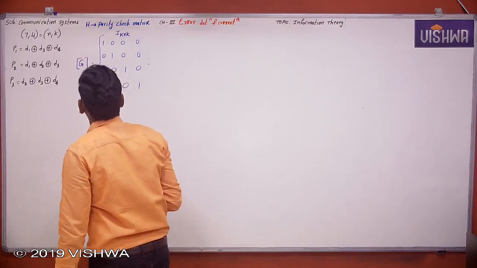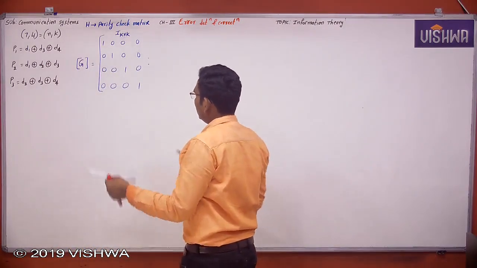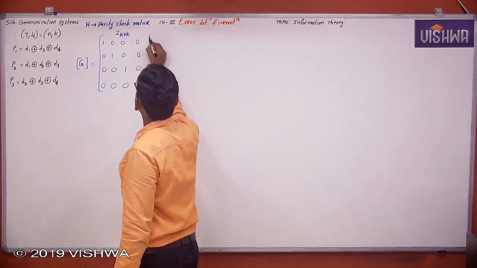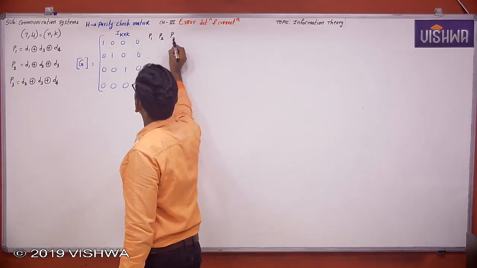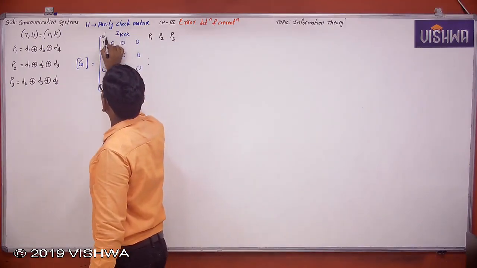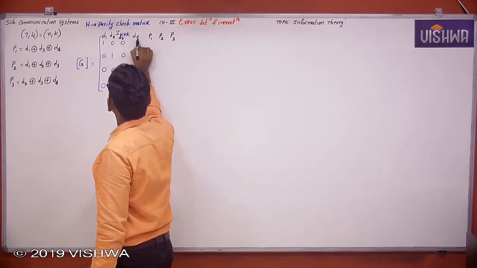And the second part is the parity part, P1, P2, P3, because this is D1, D2, D3, D4.